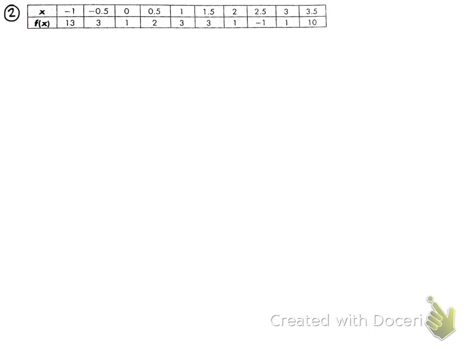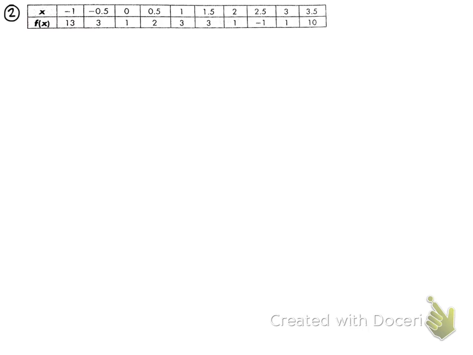Okay, so let's take a look at number 2. The first thing we want to do is put this data in our L1 and L2. Once we have our data in L1 and L2, we need to adjust our window. So, press Window, the x-min, our smallest x value is negative 1, so we can make our x-min negative 2.